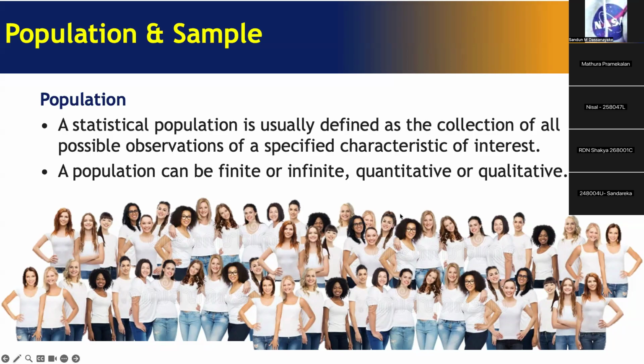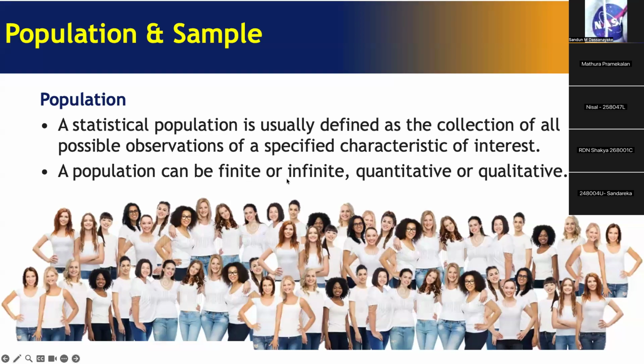It doesn't mean all possible observations, but imagine this is like a population. You have all those things, of a specified characteristic of interest. So in our case, we'll say the population of women or females.